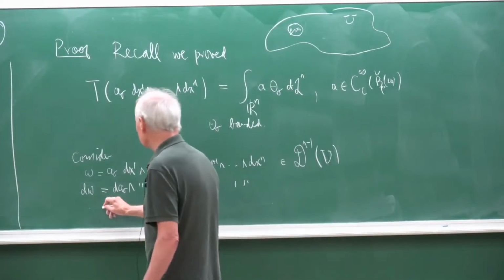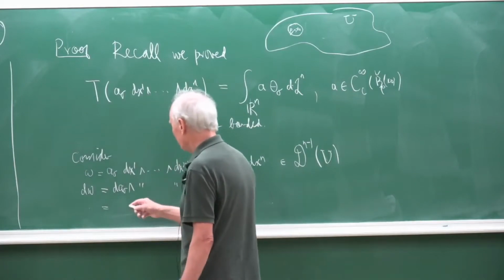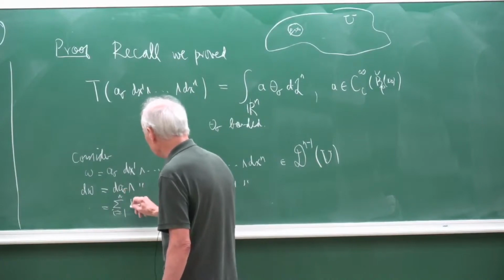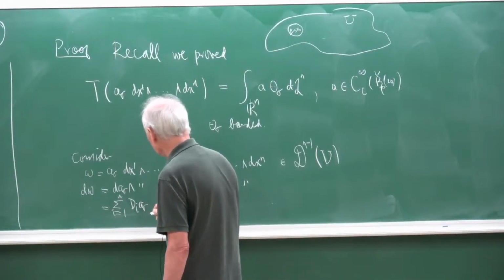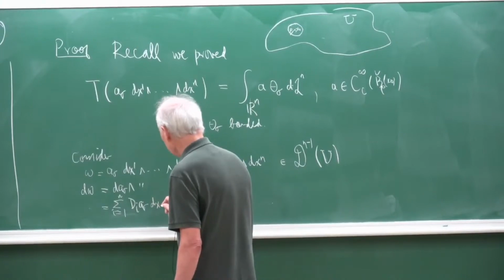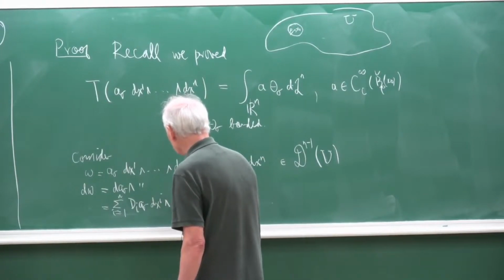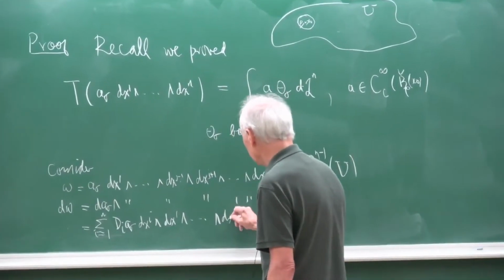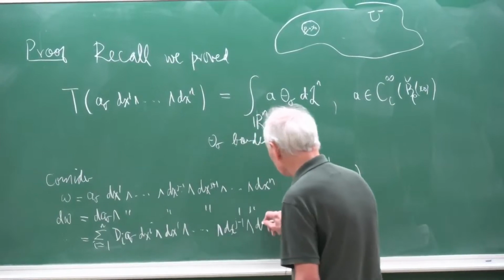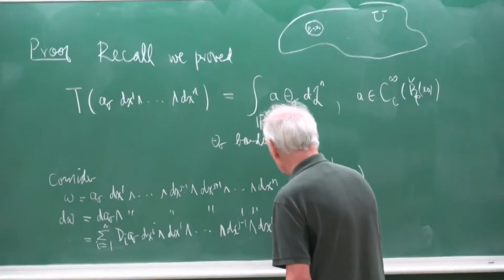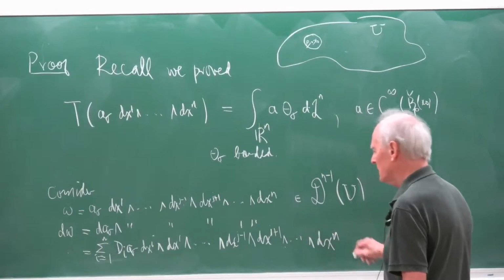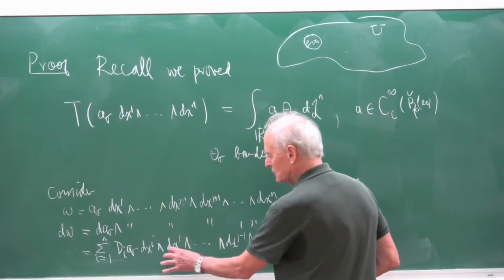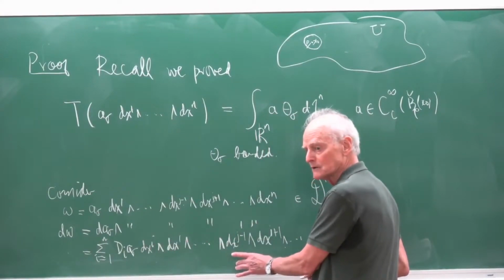And that's the sum, i equals 1 up to n, of d_i A sigma dxi wedge the remaining ones, dx1, dxj minus 1, dxj plus 1, up to dxn. Now notice that this is 0 unless i is equal to j, because there will be a repetition if i is not equal to j.